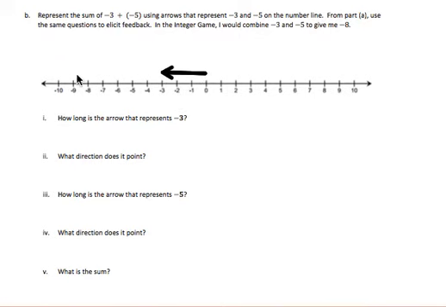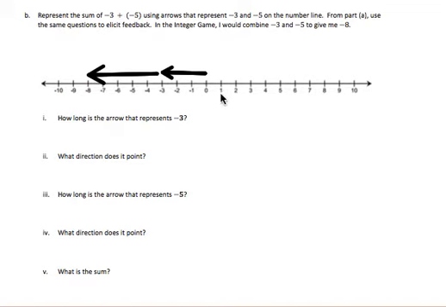Quickly represent this and find that when we go 3 units to the left, we would then continue another 5 units to the left because it is also a negative number, and that would give us -8.